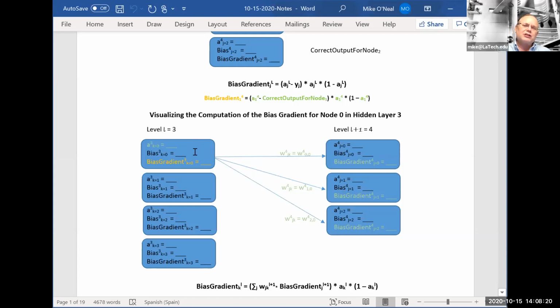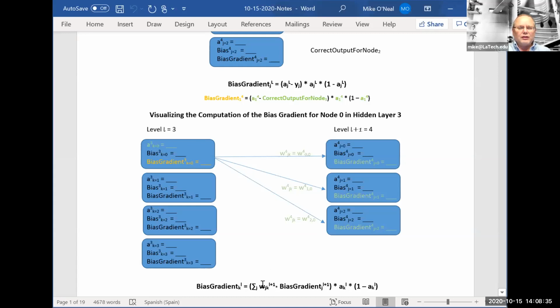That error really doesn't contribute very much to this error here as we work our way backwards.